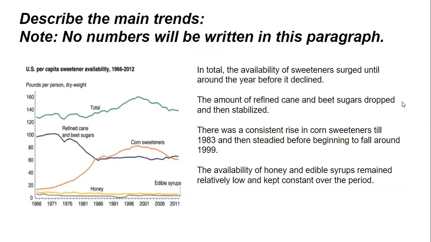Okay, in the second paragraph, please keep one thing in mind. You don't have to write anything that is written on the y-axis. The line where the years are written, 1966, 71, 1976, is called the x-axis.